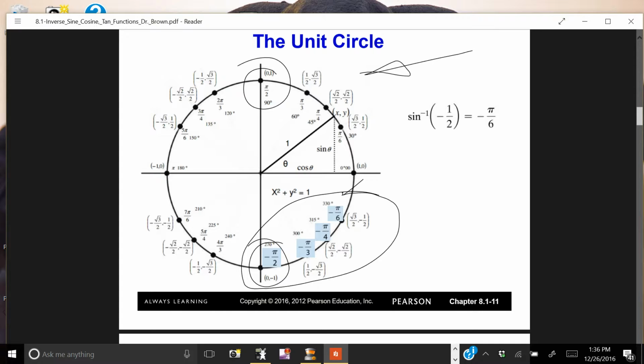And so you need to look for a point on the unit circle where the y value is minus 1/2. And notice the y value is minus 1/2 for the angle minus pi over 6. So we can say that the inverse sine of minus 1/2 is minus pi over 6.